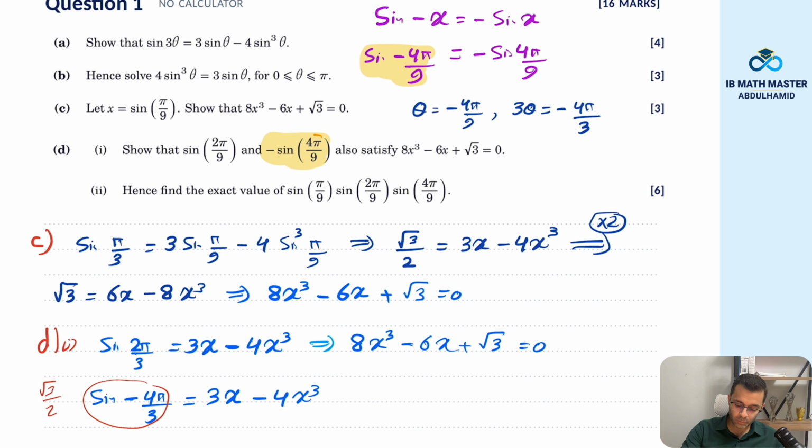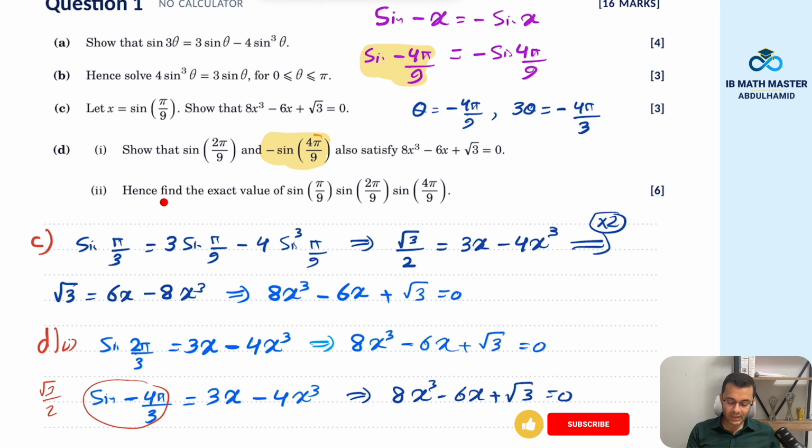If you move and rearrange, it will also be 8x cubed minus 6x plus root 3 equals 0. So as you see, three different sines satisfy the same cubic equation.